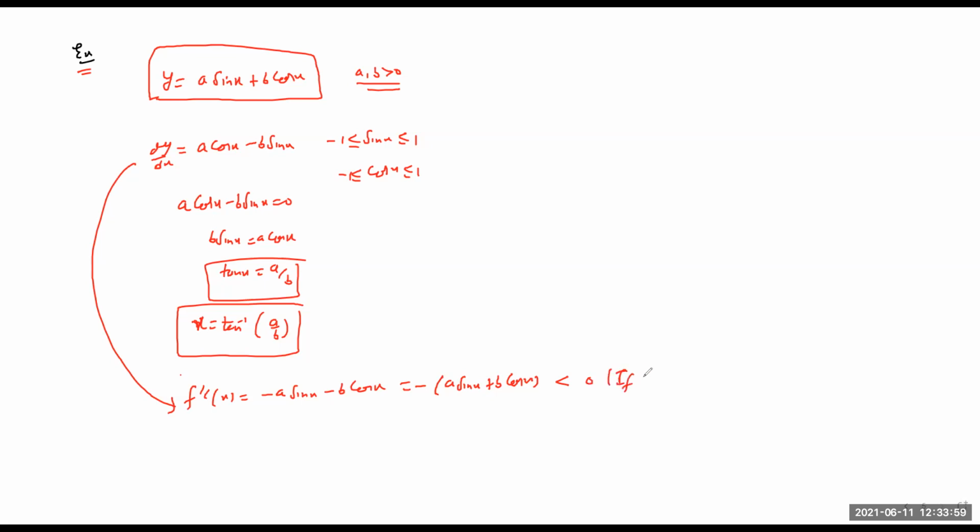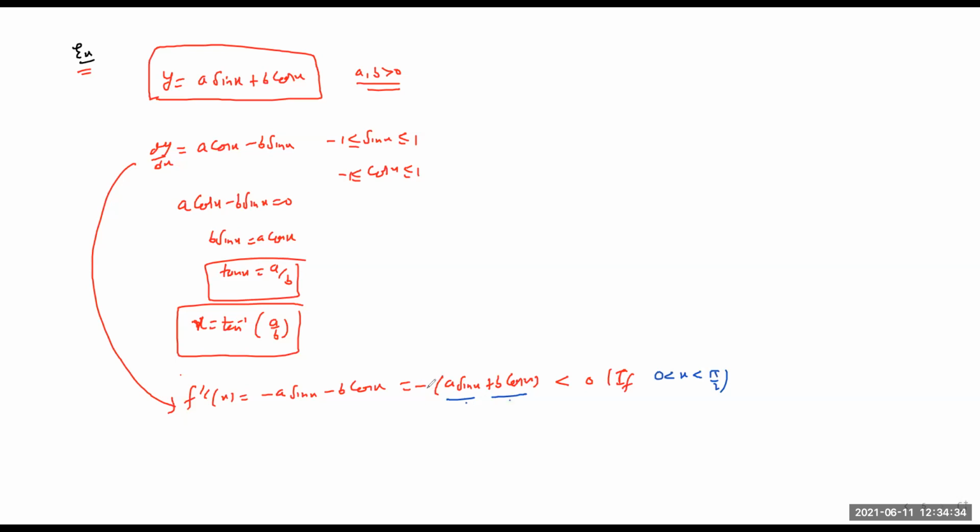If x lies from 0 to pi by 2, which is the first quadrant, the sin and cos both are positive, and positive plus positive is a positive number.